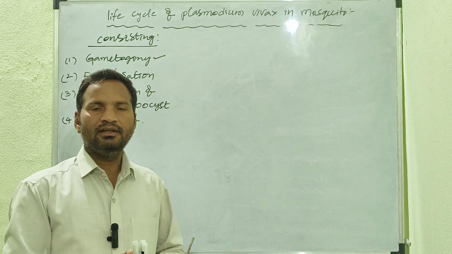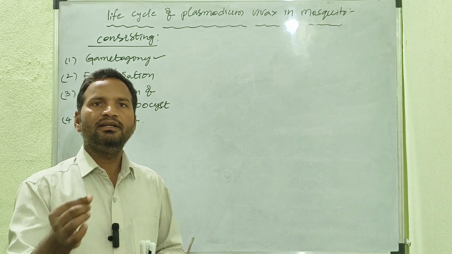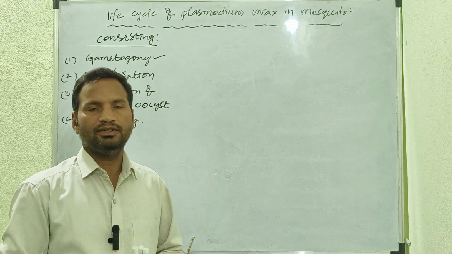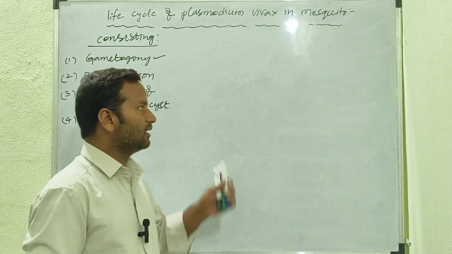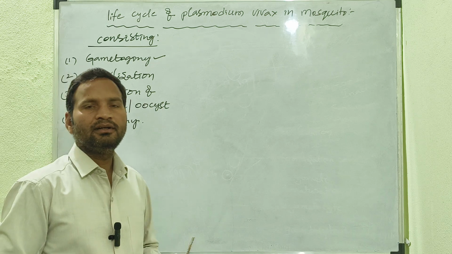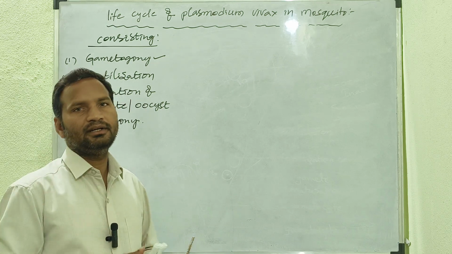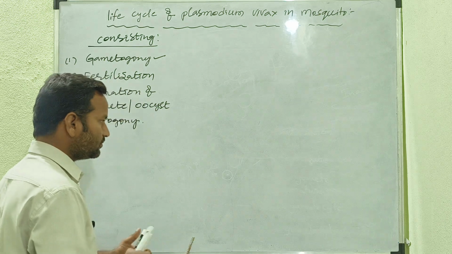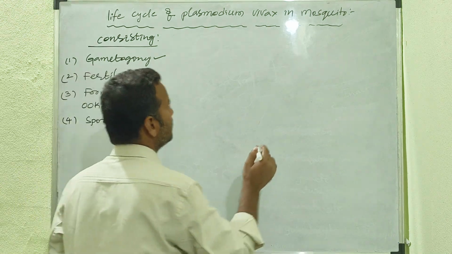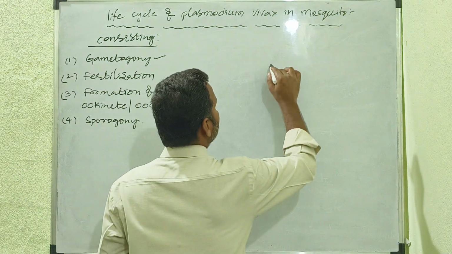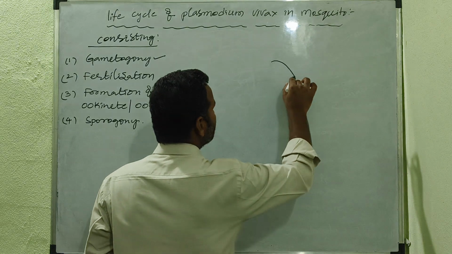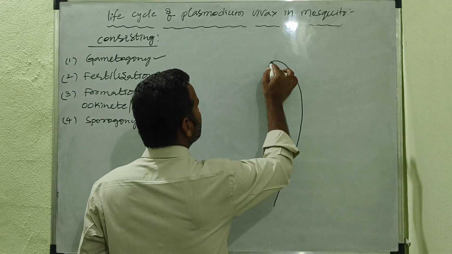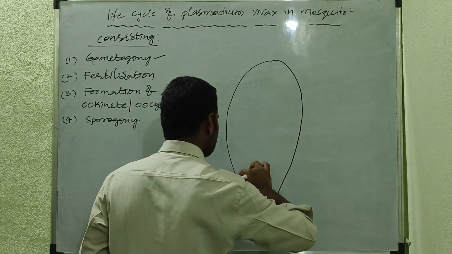Now let us see how the male gamete is formed and how the female gamete is formed in the mosquito. I will explain with the help of a neat diagram. This is the diagram of Plasmodium vivax in mosquito.